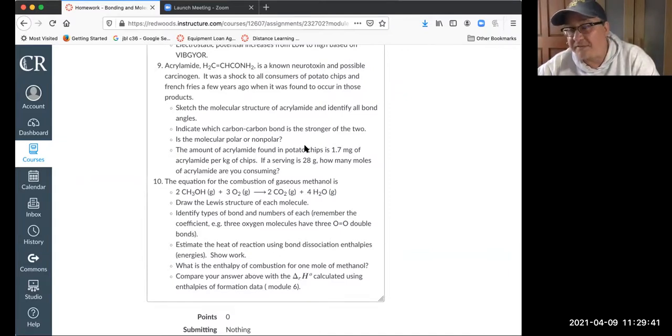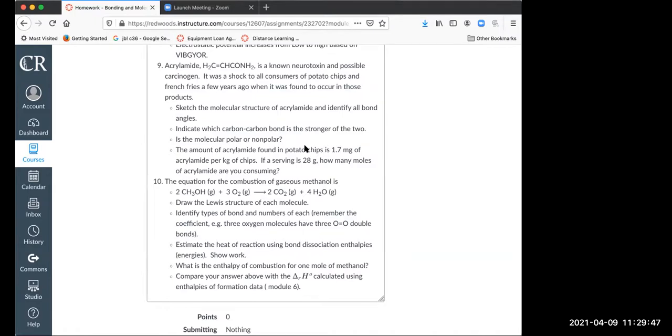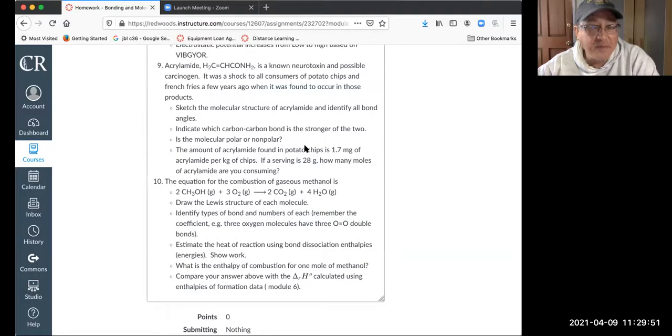And 1.7 milligrams means 1.7 thousandths of a gram. And a gram is about 1 milliliter. So take that 1 milliliter of water and take 0.0017 of that. That's the amount of acrylamide. So you're supposed to think it's not much.